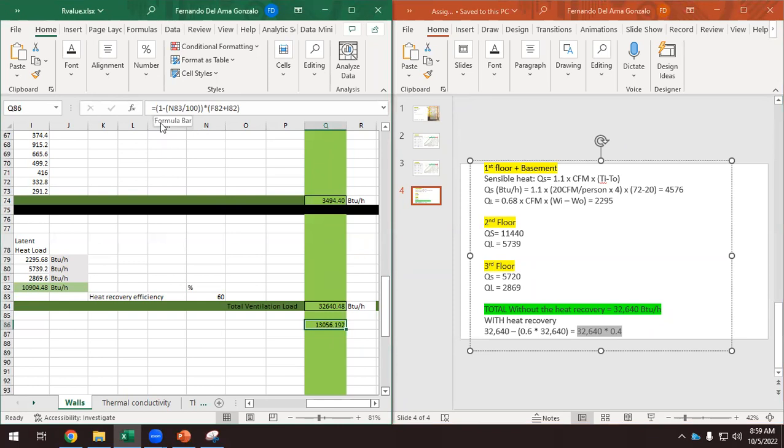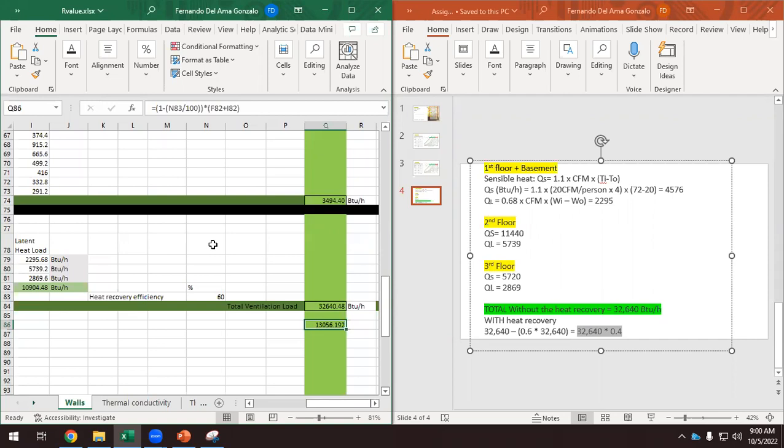So the Excel language is 1 minus 60 divided by 100, and 1 minus 60 divided by 100 is 0.4 times the total ventilation load without the heat recovery. Basically, I need to understand what I will do, and then turn this formula into the Excel language. So the Excel language is that one.